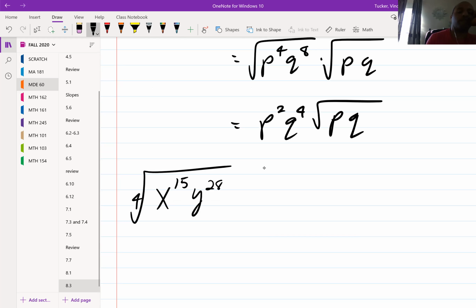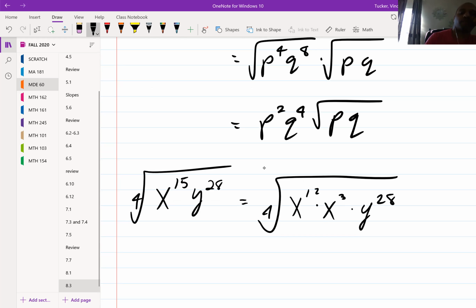Fourth root of x to the 15th, y to the 28th. So that will go to x to the 12th. I can take the fourth root of x to the 12th. I can take the fourth root of y to the 28th. Let me write it like this. So I broke up the 15 into 12 and 3.